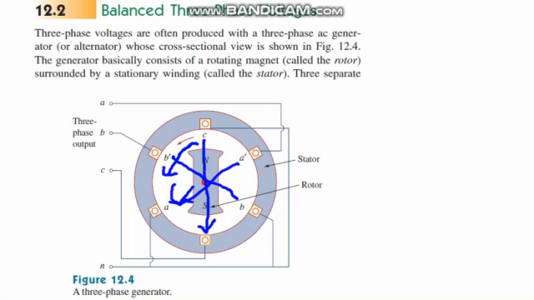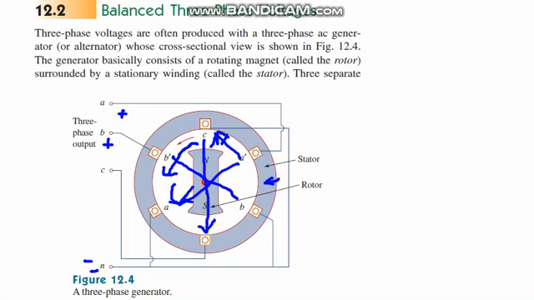As the magnetic field rotates through the stator and passes from one phase to the next, it creates electricity. When it passes through B, it creates another voltage between B and neutral.